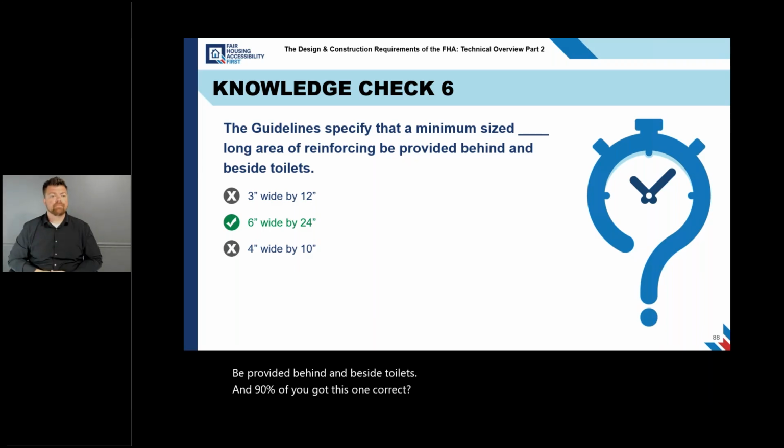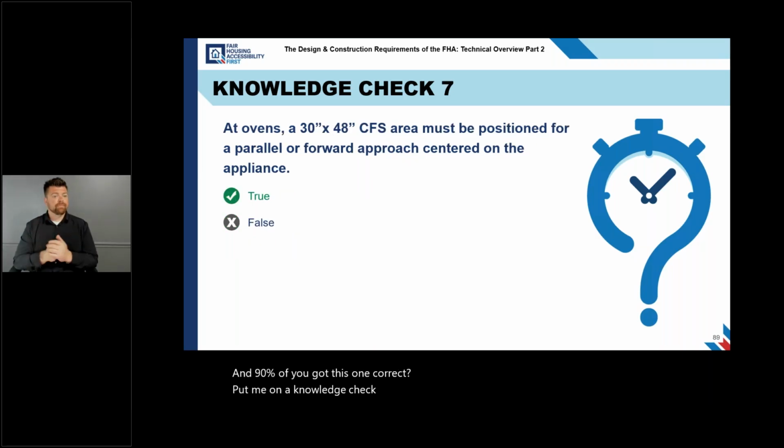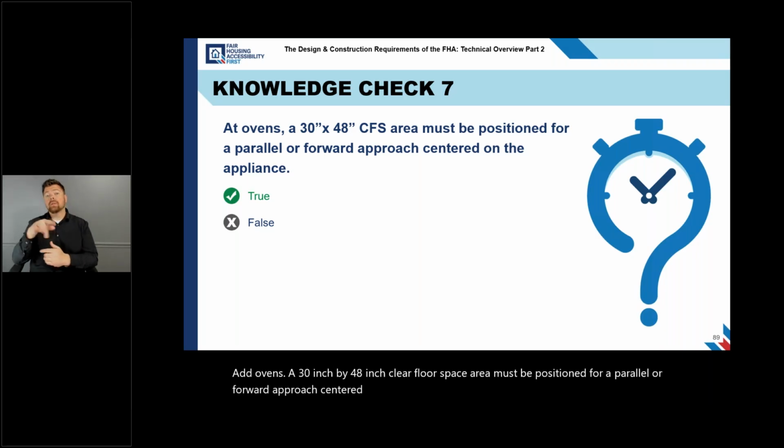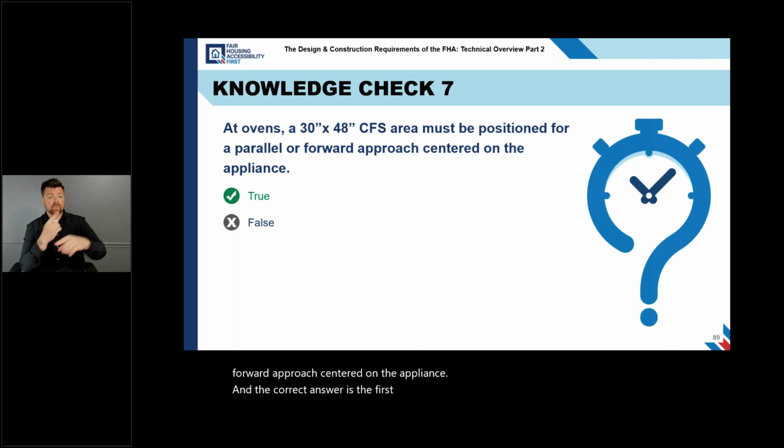Moving on to knowledge check 7. At ovens, a 30-inch by 48-inch clear floor space area must be positioned for a parallel or forward approach centered on the appliance. And the correct answer is the first option. This is true.